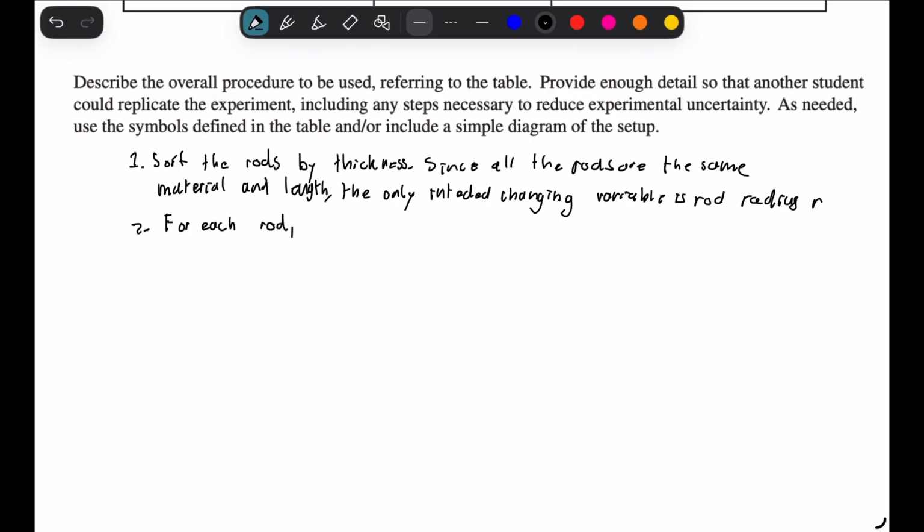For each rod, measure diameter D with a caliper. And then you need to calculate your radius. R is equal to D over 2.